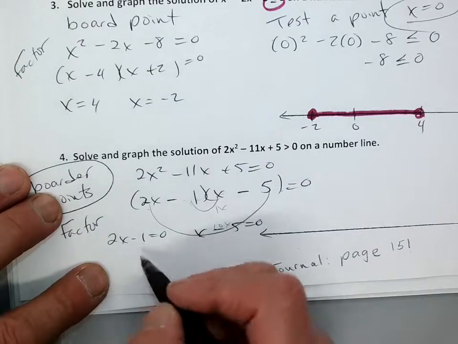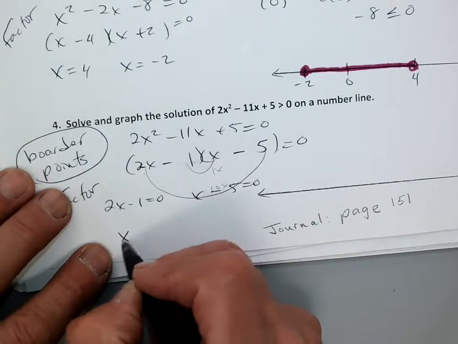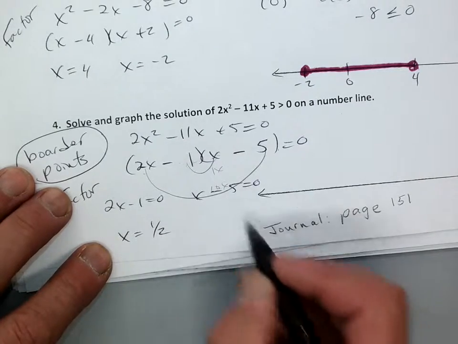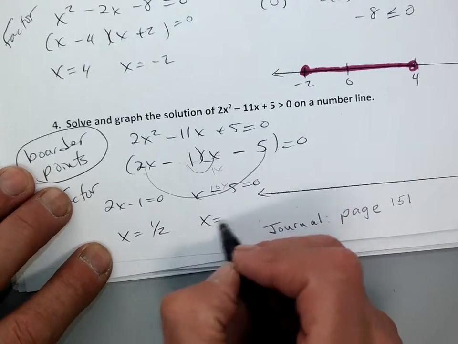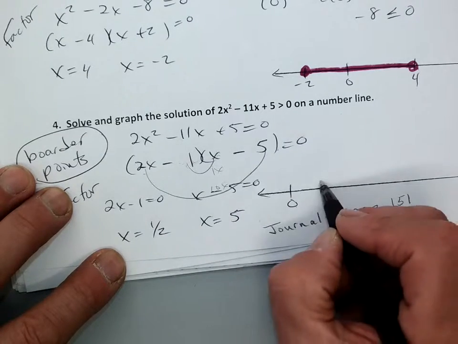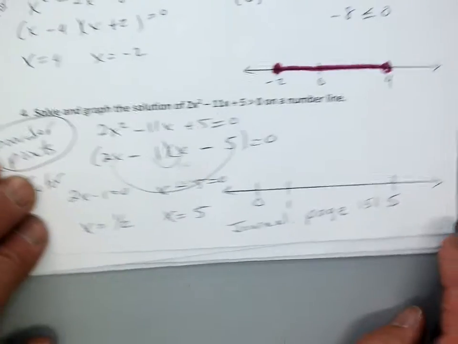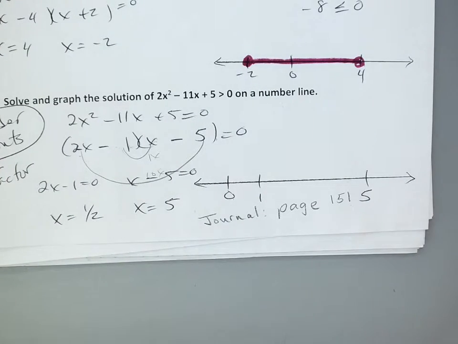I'm going to solve. Plus 1, divide by 2, x equals 1/2. Plus 5, x equals 5. So these are my border points. So 0, I'm going to go 1, 2, 3, 4, 5. Now with me, I do not need all the numbers in between. If you want to put them in, you can.